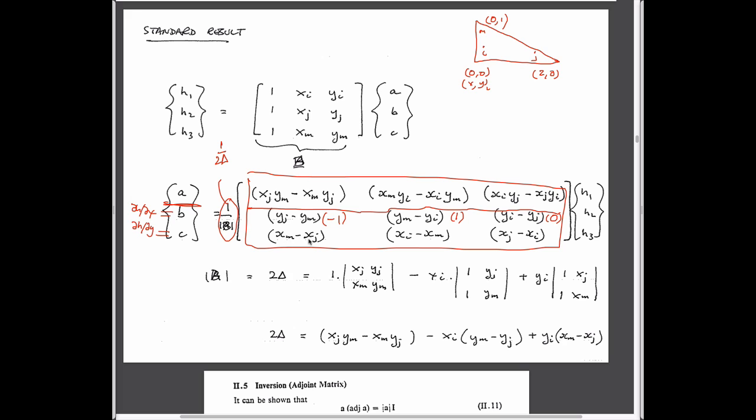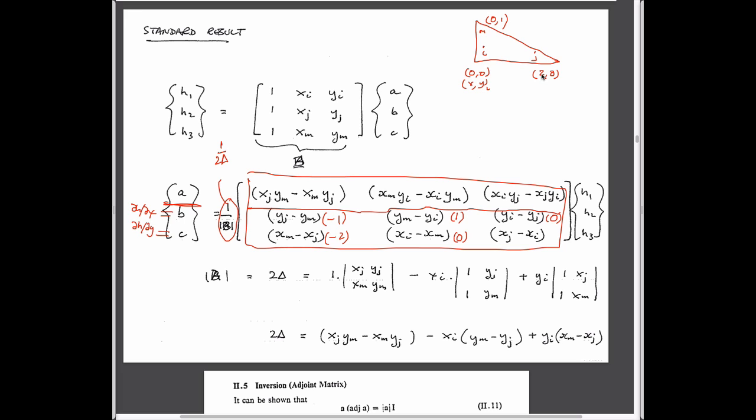Likewise for this, xm minus xj, xm is 0 minus 2, so this is minus 2, I think. xi minus xm, this is 0 minus 0, so I guess that's 0. Hopefully this is right.